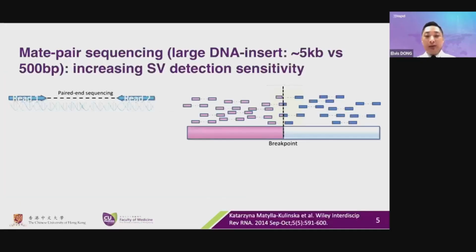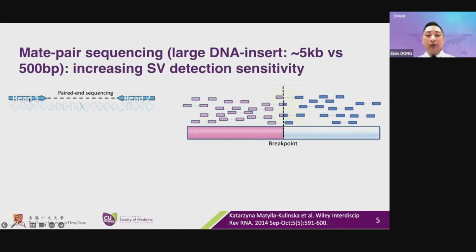So what is mate-pair sequencing? Mate-pair sequencing is a method that revises the protocol for standard genome sequencing. Here's the diagram. For standard genome sequencing, we usually have read 1 and read 2 from the same DNA.